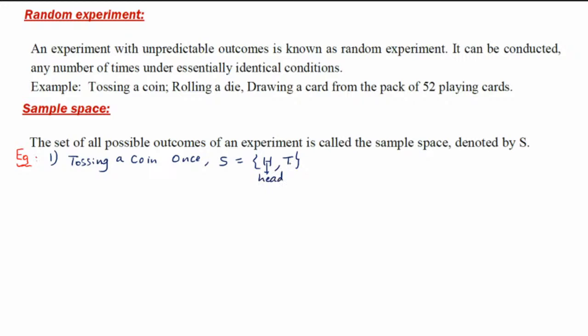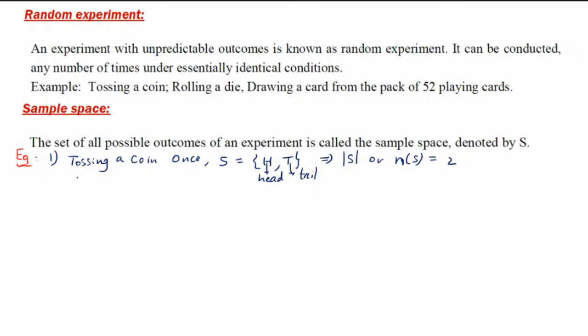Head and this is tail. So total outcomes, that is mod S. Some people, in our childhood classes, denoted it by n(S). Computer science and information technology people denote it by mod S, which is equal to 2 power 1, that is 2 outcomes. Total outcomes, this is 2.